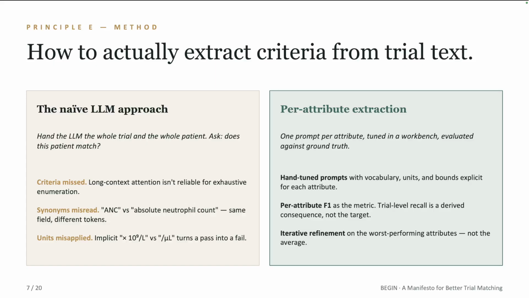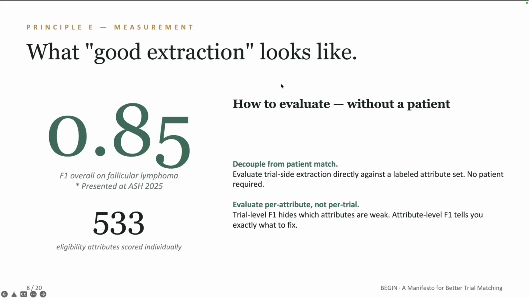And then you can focus on measuring the accuracy and then iteratively work on those prompts that will then be executed against all the trials so that you end up with a truly structured trials database. The question is, does this work? So just one result presented last year at ASH is 0.85 F1.